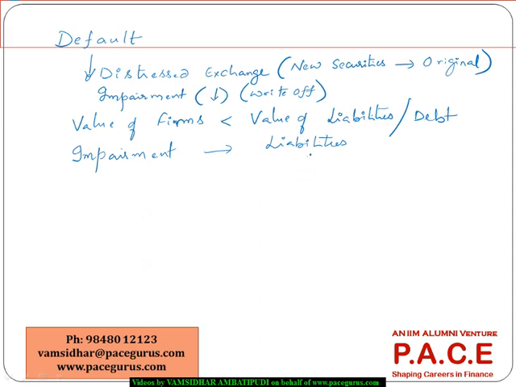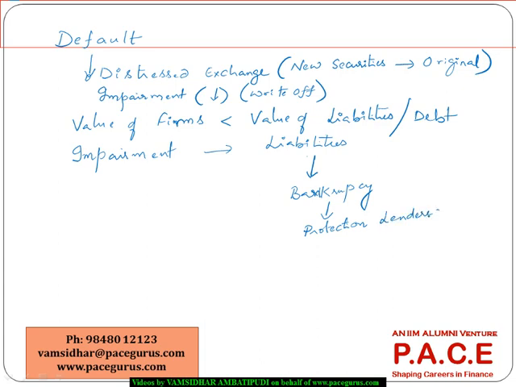It is forced into bankruptcy whenever the assets are not sufficient to meet the liabilities. Whenever we talk about bankruptcy, we are talking about going for protection from its lenders.